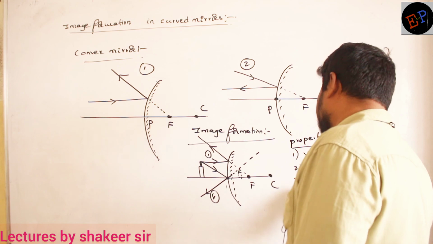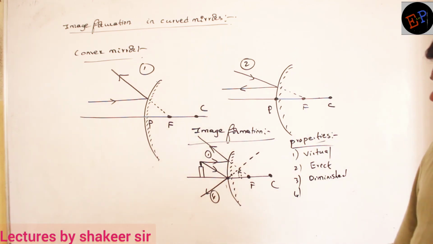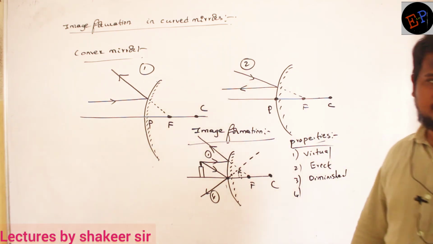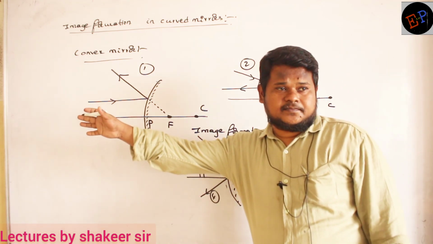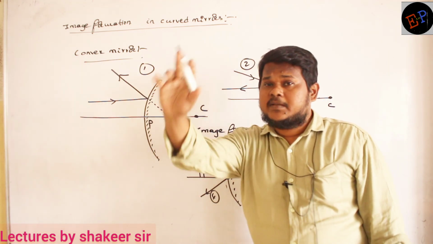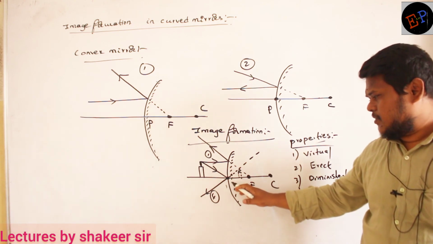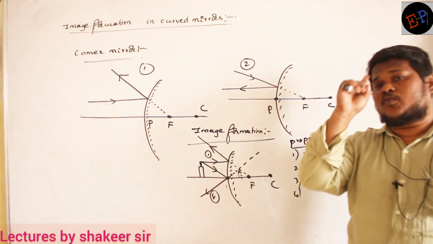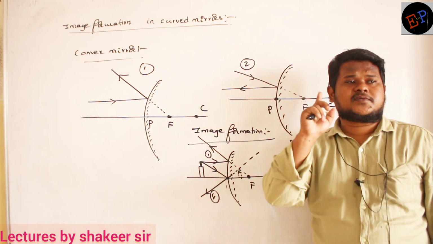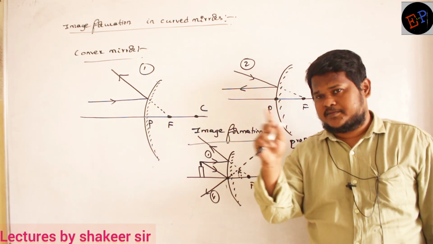Fourth property, it is always present between the pole and the focus. Wherever may be the object, image is always created in between the pole and the focus. So only one condition is there for convex mirror. Okay, one condition. Clear? No?